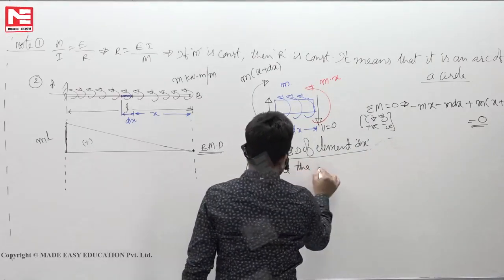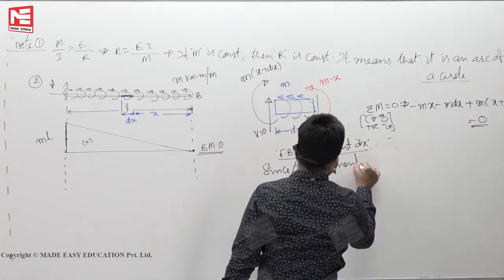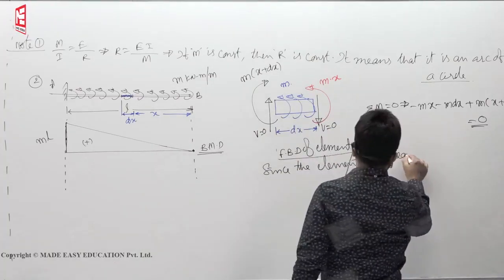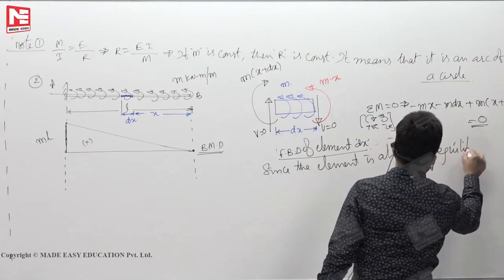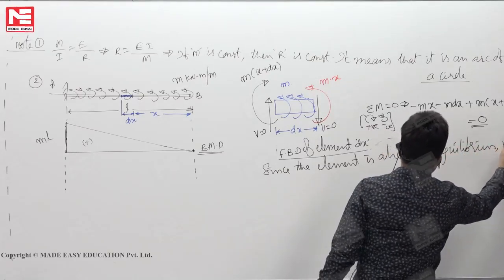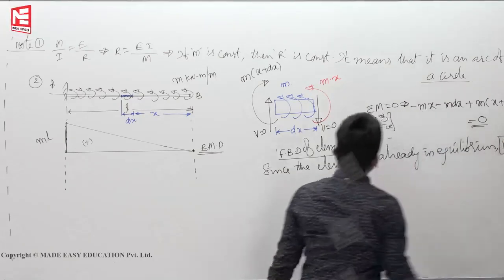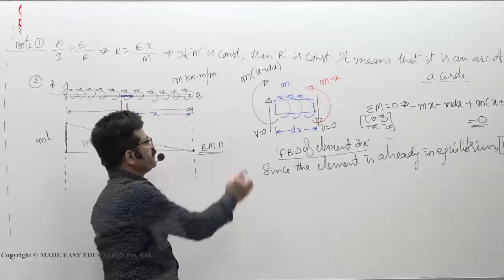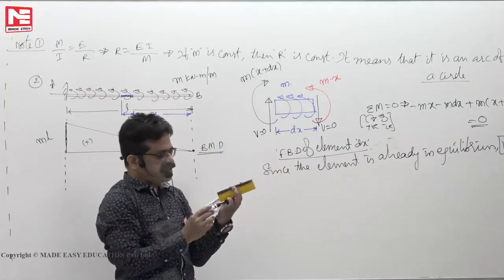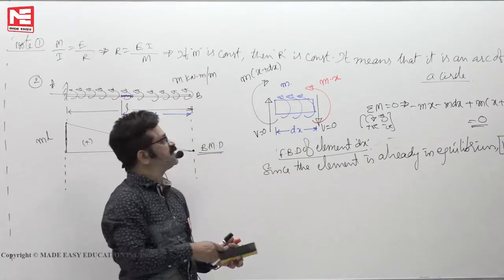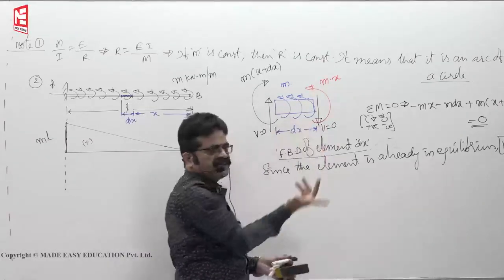So, since the element is already in equilibrium, V is equal to 0. We need not develop any shear. If there is an upward shear, there should be a downward shear. If some shear is there, then you cannot keep it in equilibrium, because it is already in equilibrium and this couple is not required.